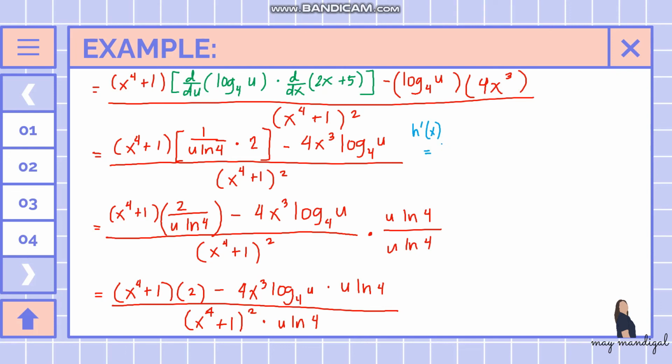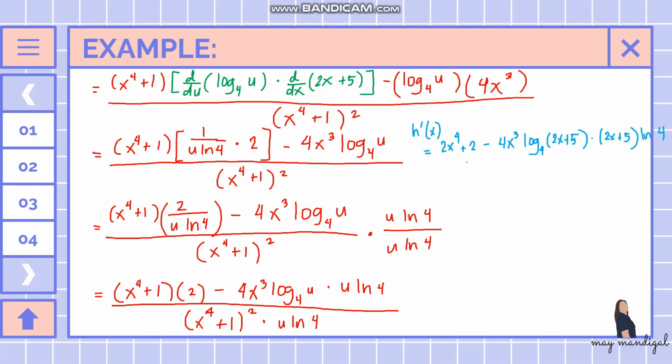So that will be 2x raised to 4 plus 2 minus 4x cubed logarithm of 2x plus 5 base 4 times 2x plus 5 ln of 4.